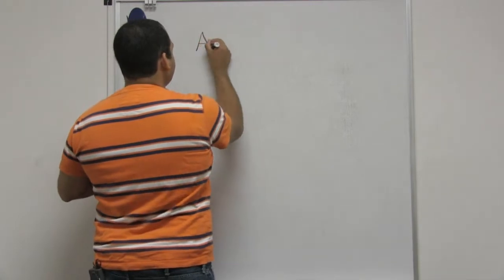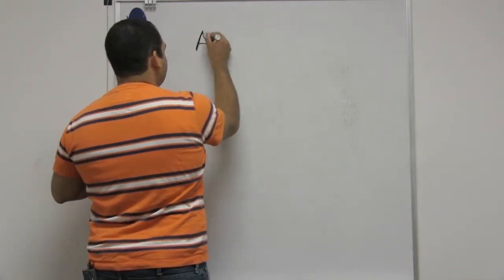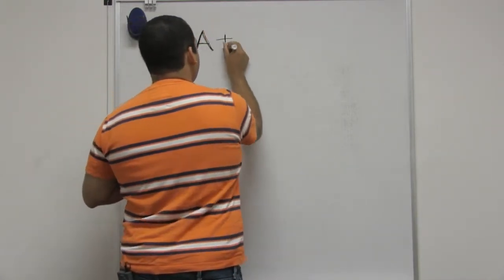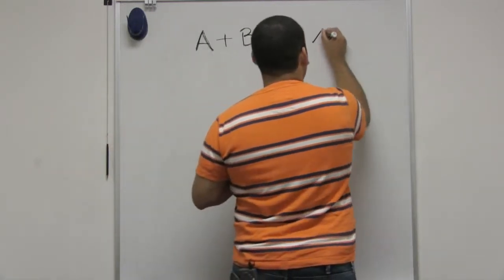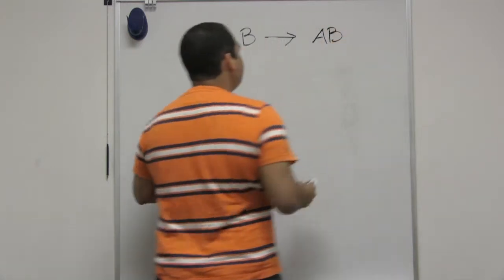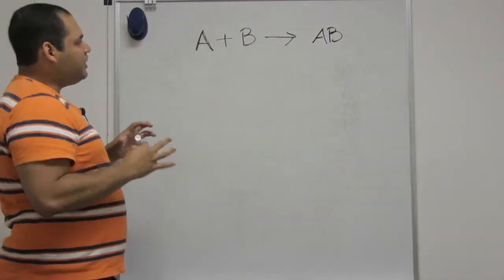Combination or synthesis is when you have an element A plus an element B making a compound AB. Basically, you just added A and B together.